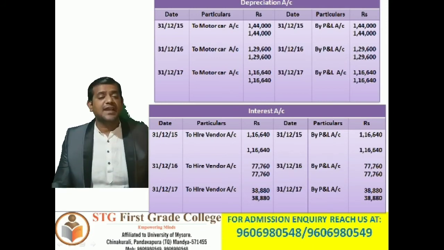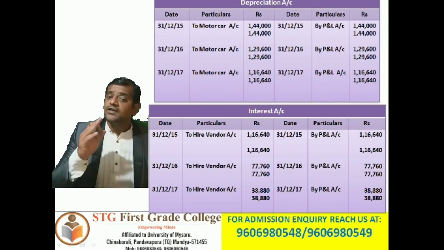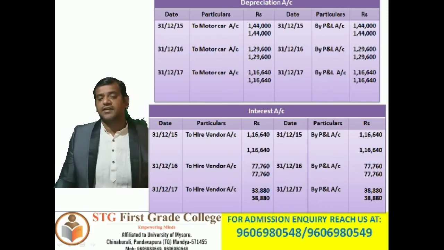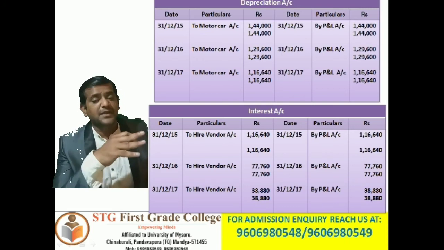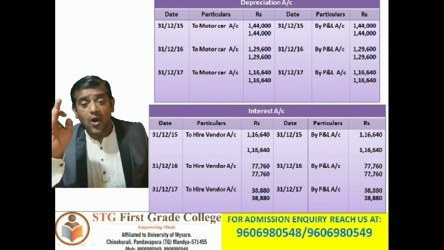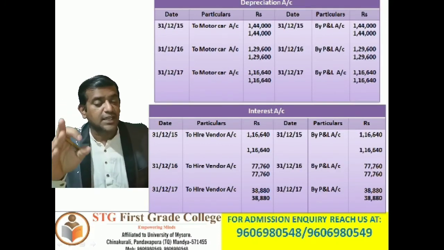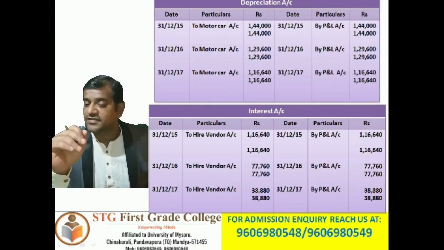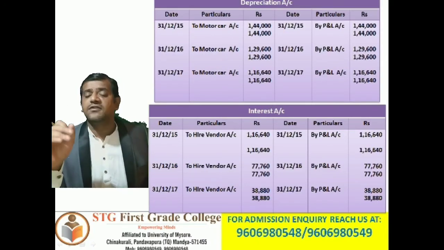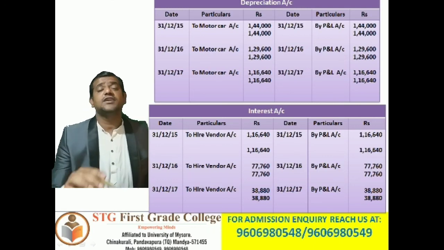So now in the second year, that is 31/12/2016, to hire vendor account, 77,760 rupees, by P&L account on the same date, 77,760. In the third year, hire vendor account 38,880 and 31/12/2017 by P&L account 38,880 rupees.